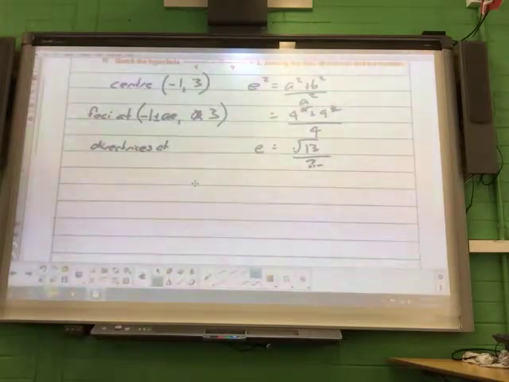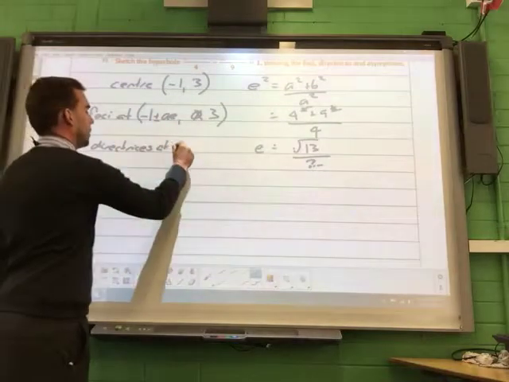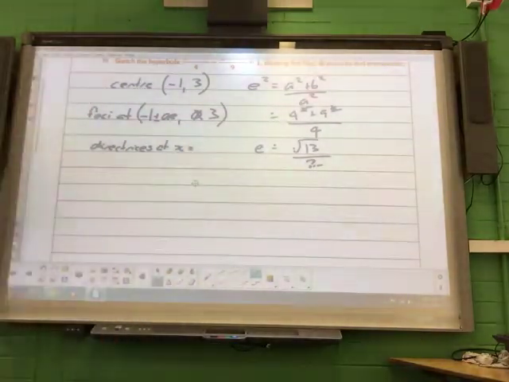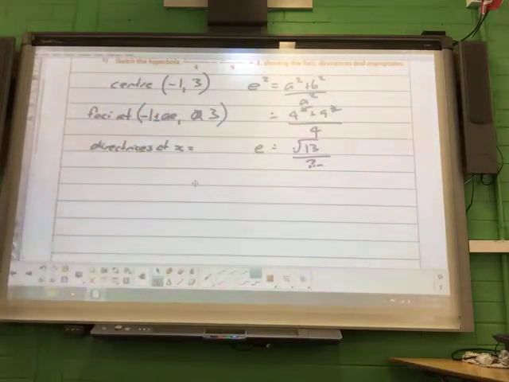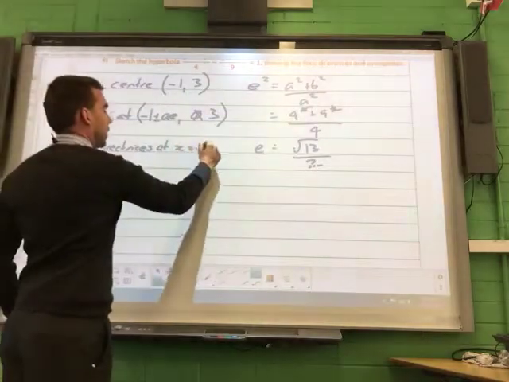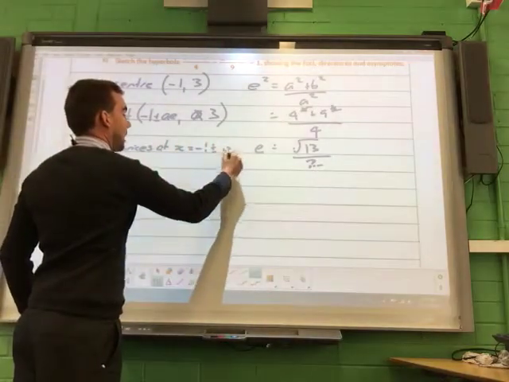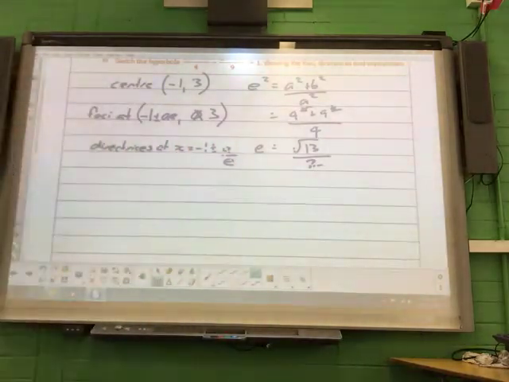Vertical, so they'll cross the x-axis, and that's your equation starting. So what's normally the equation of the directrix if the ellipse or hyperbola is at the origin? The foci is AE, the directrix is A over E, the equation for directrices is plus or minus that. But because the x value has been shifted, it's going to be -1 plus or minus A over E, either side of that centre.